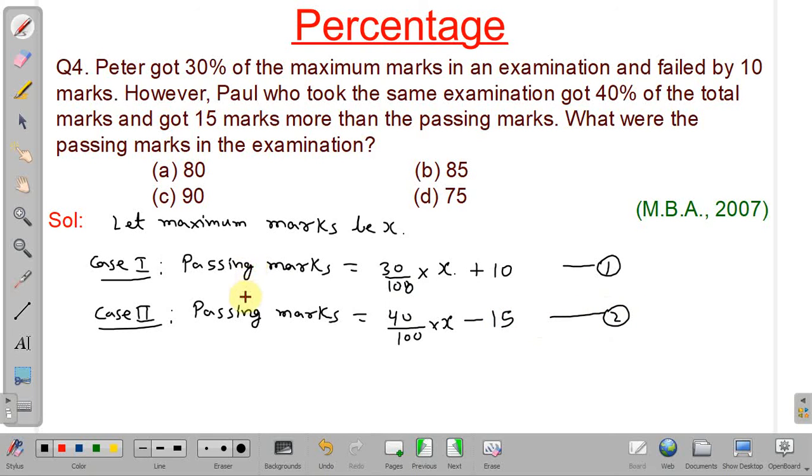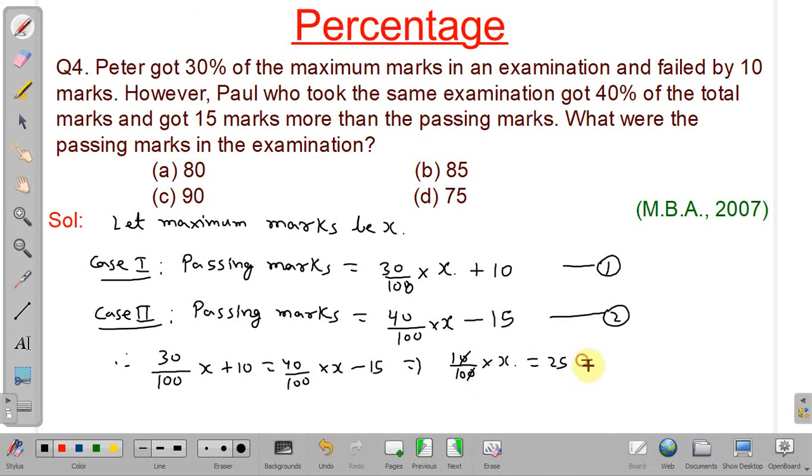Now passing marks must be the same, so we can equate 1 and 2. Therefore 30 by 100 into x plus 10 equals 40 by 100 into x minus 15. So from this we get 10 by 100 into x equals 25.